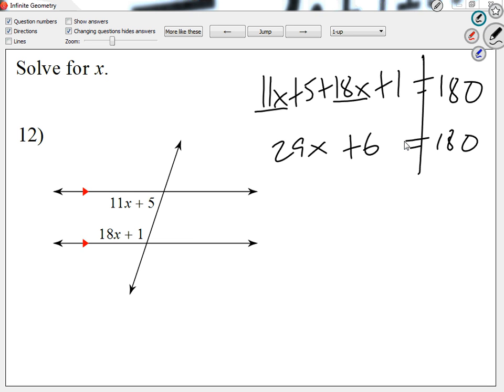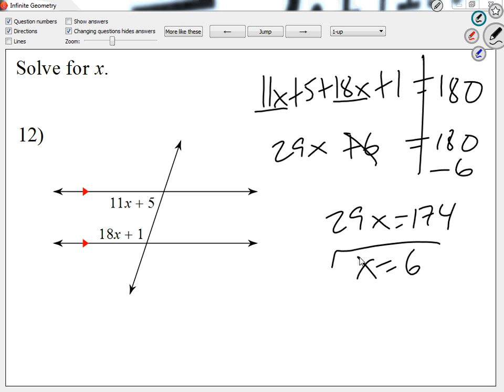So we have 29x plus 6 equals 180. My plus 6 on the other side becomes negative 6. So I have 29x equals 174. So what's x? I thought you used the bold one first. The bold one is question 21 specific. Alright, so x equals 6. We're good. Any other questions up until 20?